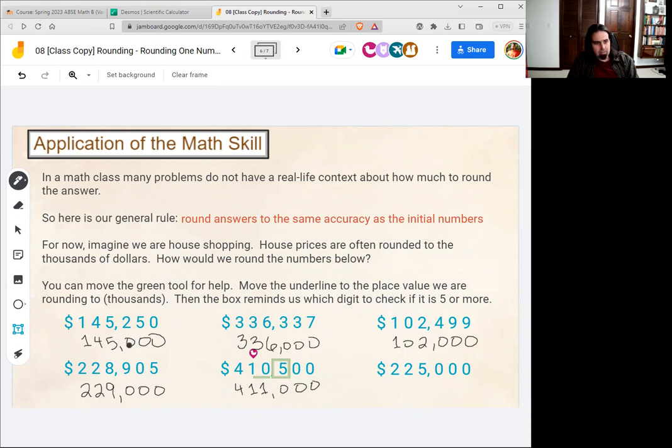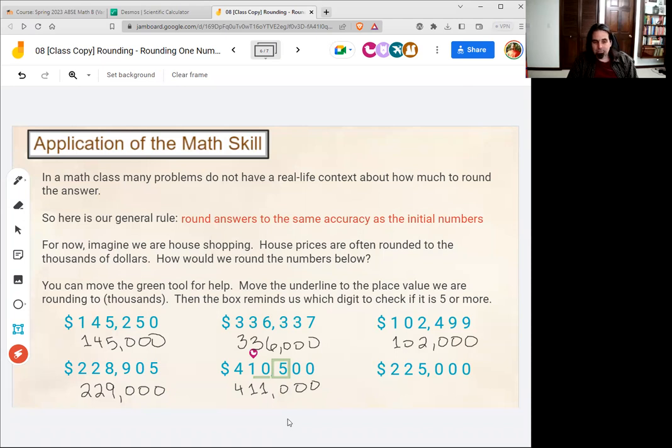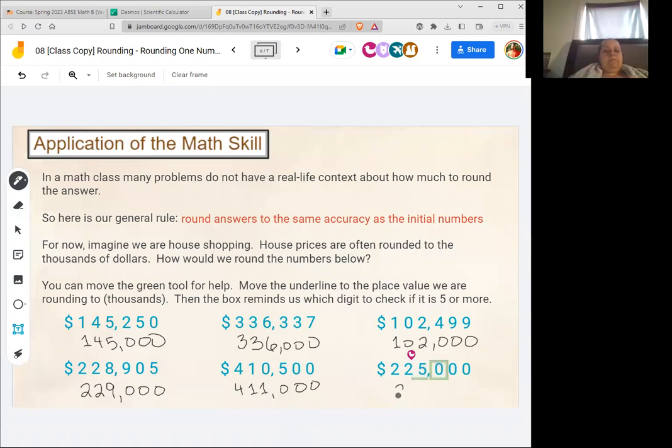And again, where the box is always just turns into zeros, right? We're getting rid of that. Okay, last one. What happens here? Stays the same.